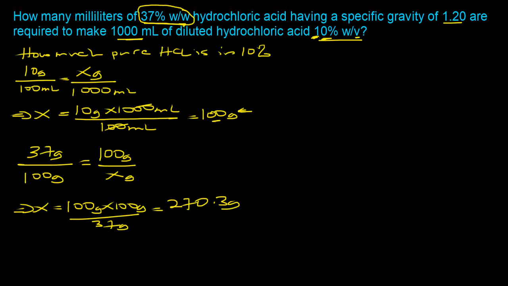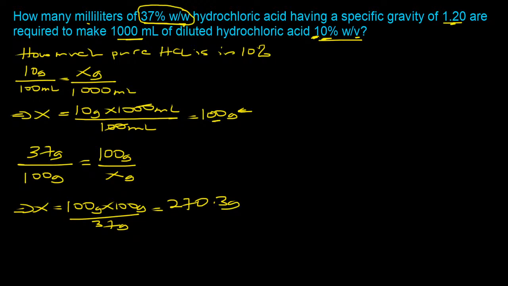So, to continue, what we have right now is quantity in grams, but we need the volume because the question is saying how many milliliters. So the third step here will be to use the specific gravity information and basically the density information to convert the mass in grams to volume in milliliters.